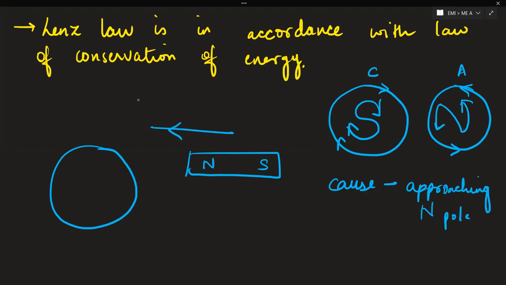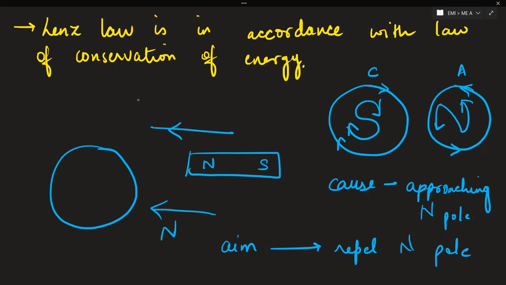Approaching north. Now, direction of current in the coil has to be in such a manner that it opposes the cause. Cause is approaching north pole. It means we have to somewhat throw the magnet away from the coil. If the north pole is coming, then the aim is to repel the north pole. And how can you repel the north polarity? By developing what kind of polarity?